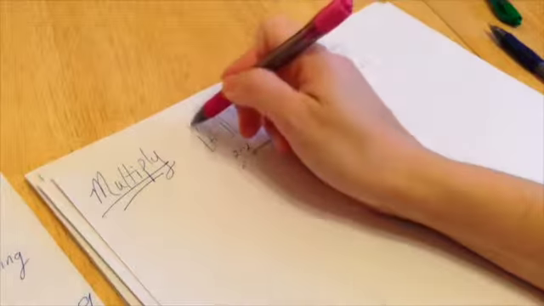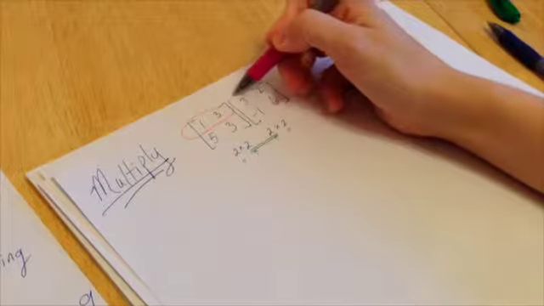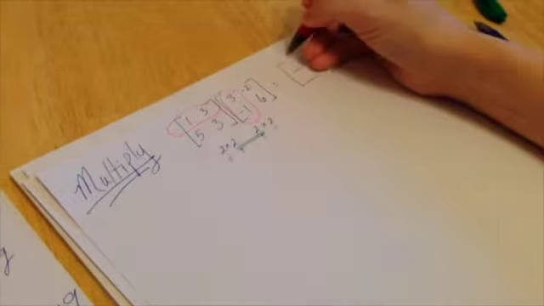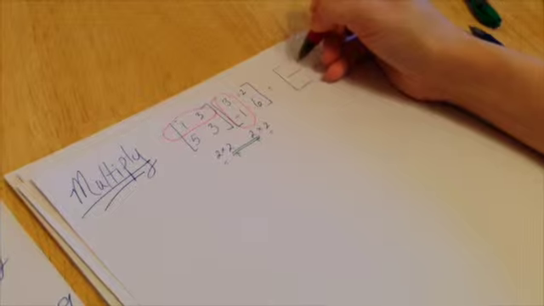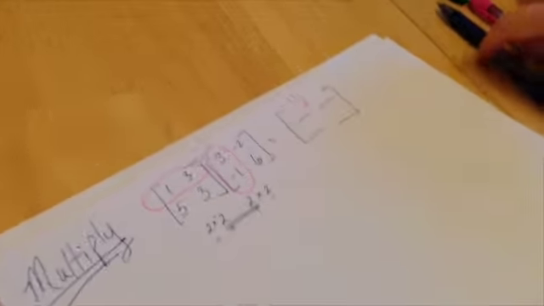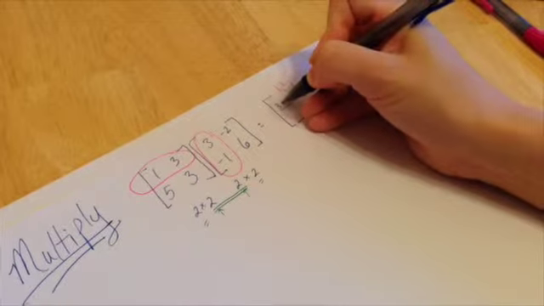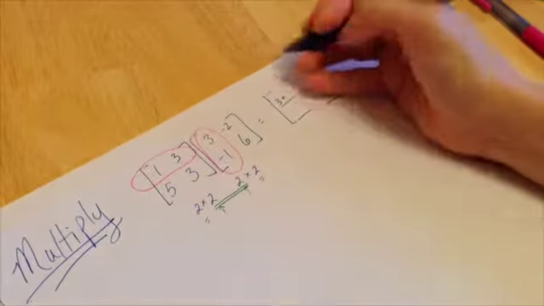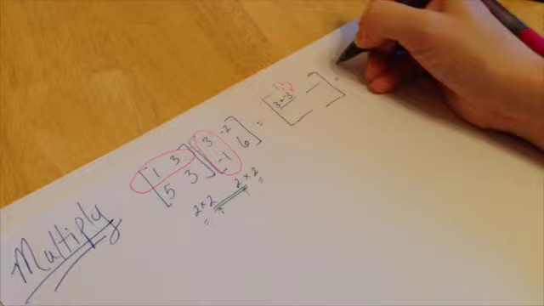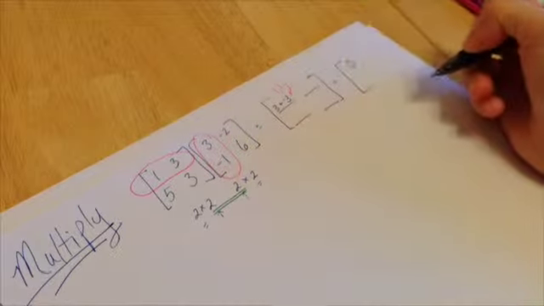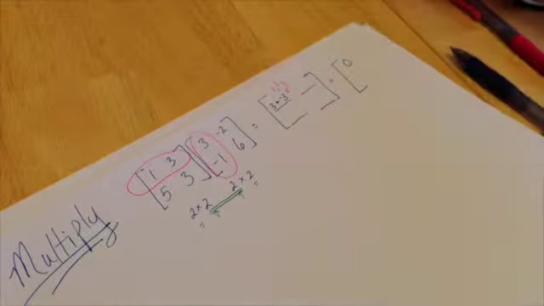We're going to take our first row times our first column for our first row, first column spot, 1, 1. 1 gets multiplied by 3, gives us 3. 3 gets multiplied by negative 1, which is negative 3. Add together, 0.